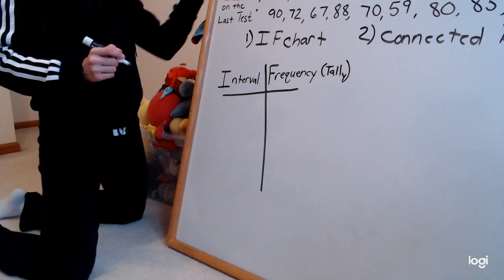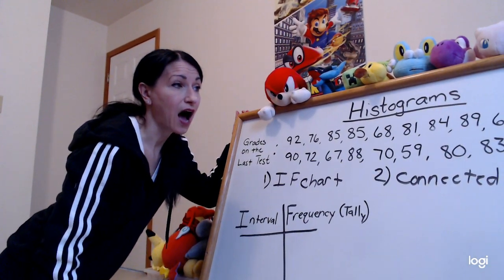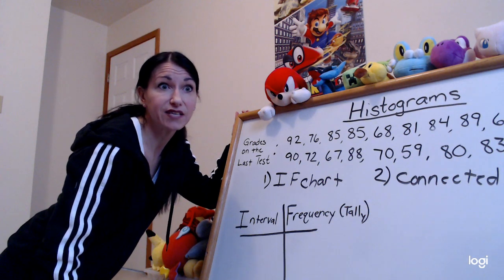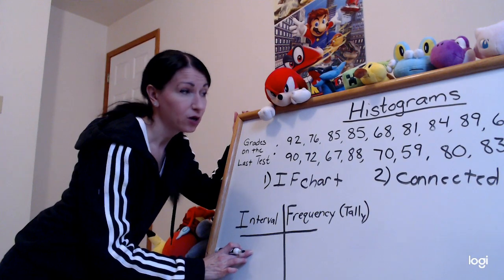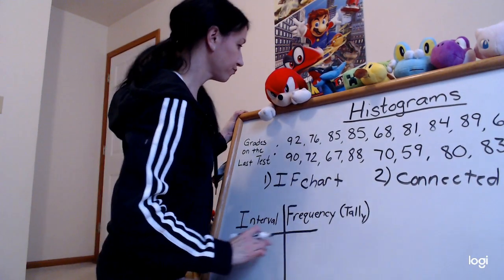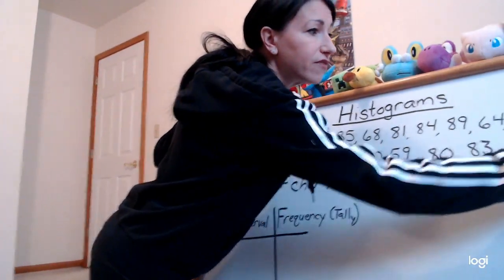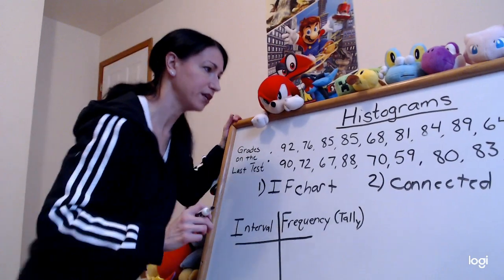So the first thing I always look at is what is my highest and lowest set of data. That way I know how to make my interval. My lowest in this data set was Knuckles' great grade here of a 55. Knuckles, we need some tutoring.